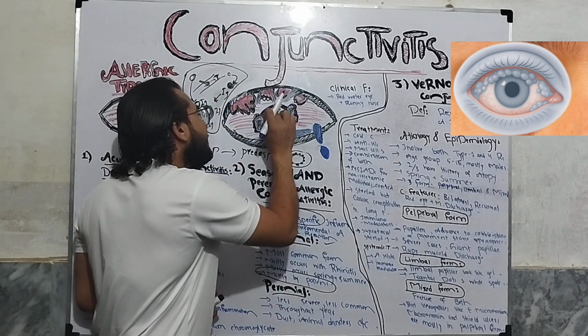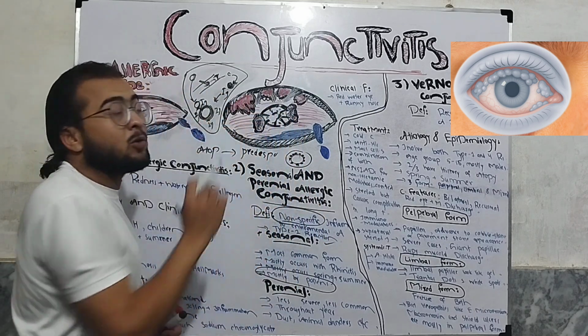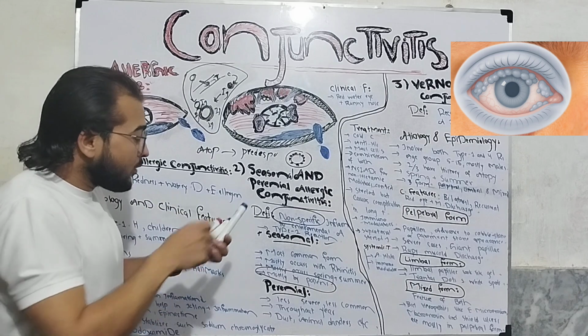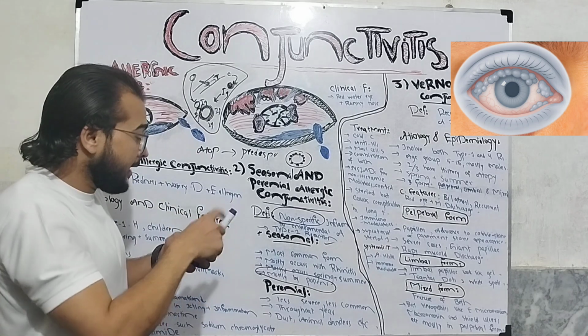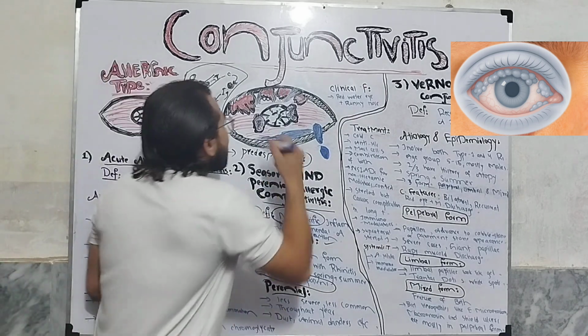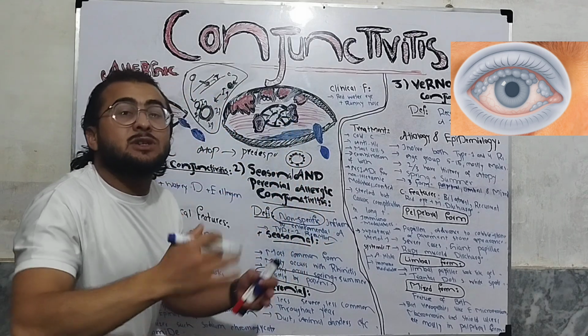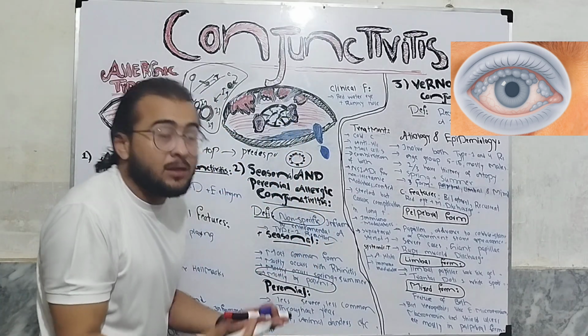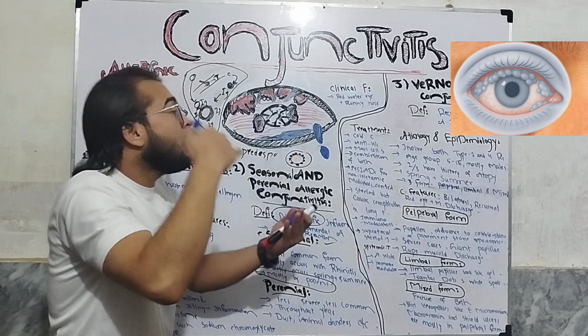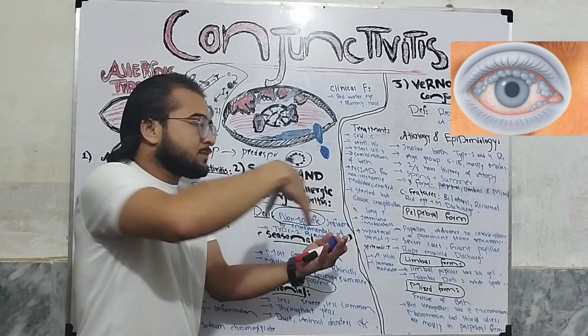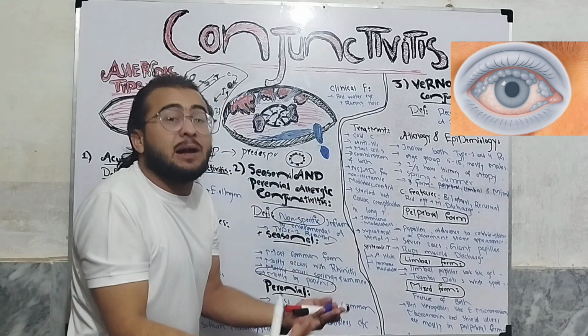And when this macro erosion of the corneal epithelium is covered by mucus, now this macro erosion has created ulcers. So when the corneal epithelium has detached, it will become an ulcer.